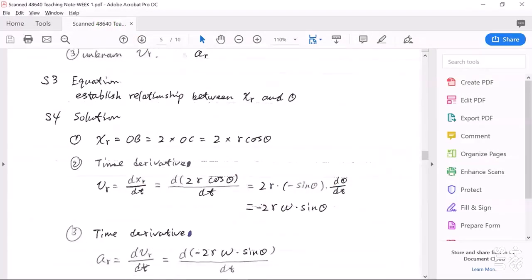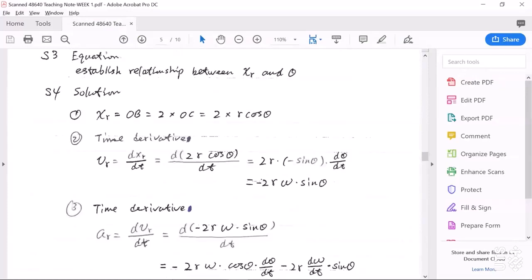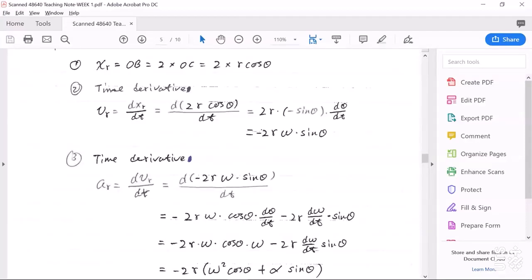Okay, now, after getting the equation of displacement, then we can do time derivative on both sides. On the left side, dxr dt gives us Vr. On the right side, for this time derivative, we need to use chain rule. 2r is constant.